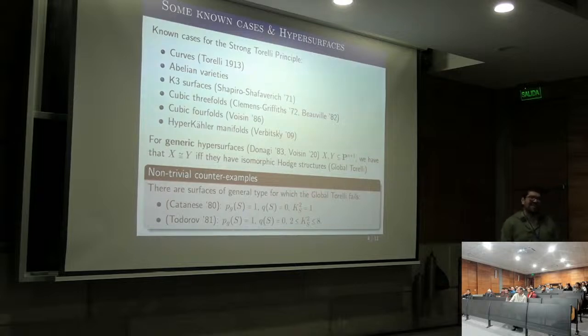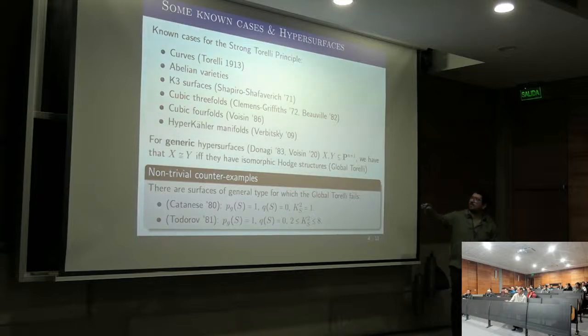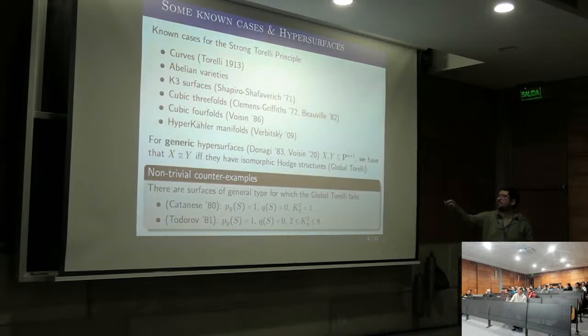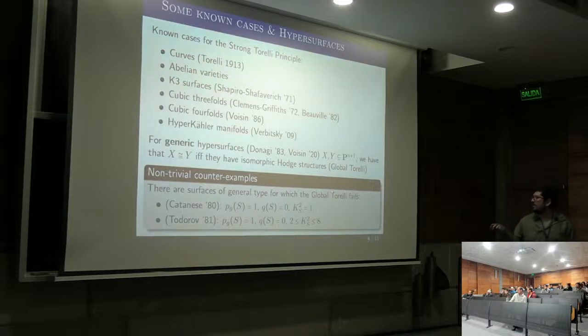As I said, sadly, this is not a principle, because it's not always true. You can maybe hope it to be true, and there are many situations in which this principle holds, but sadly, this is not true in general, and there are very important counterexamples, and a lot of geometry involved in the case of surfaces of general type.